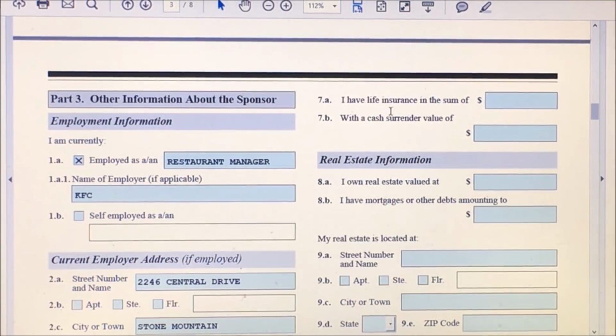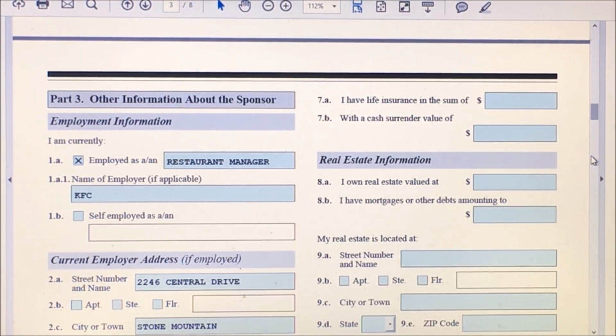Okay, the next, I have a life insurance in the sum of. So you can write the amount of life insurance you have either in the US or in a foreign country. You can include all types of life insurance such as term life, universal life, whole life, variable life. So just type the number in here.